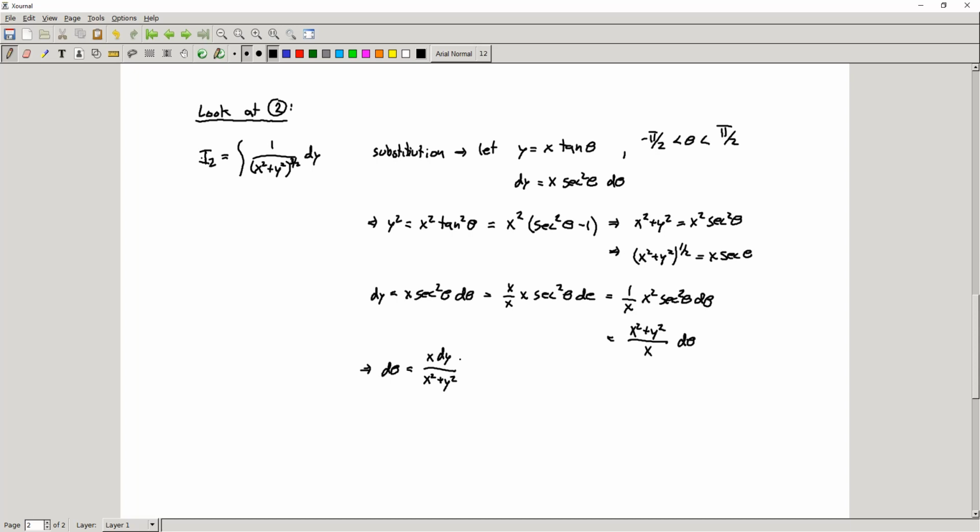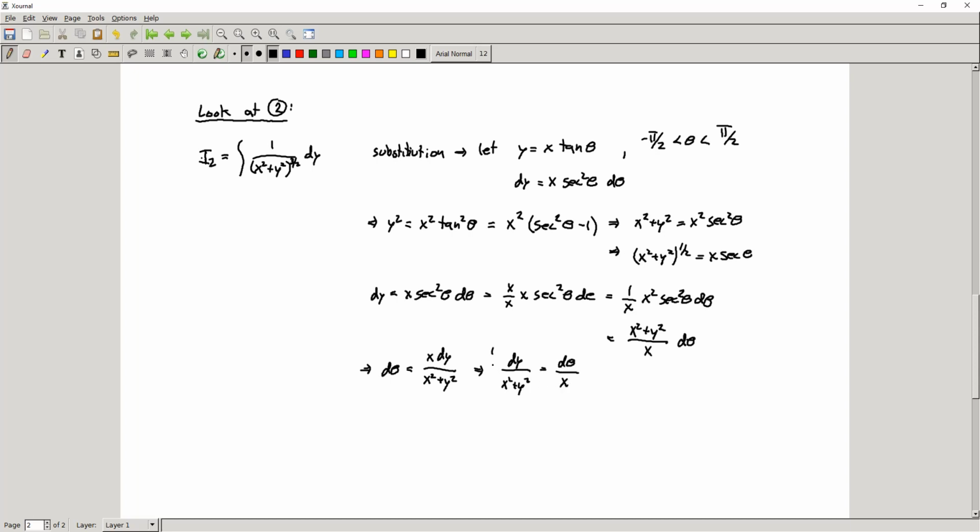Okay, and so one more step here, because what we really want is dy over x squared plus y squared, right? This is what we're trying to get toward over here. So this means that we can write dy over x squared plus y squared is equal to d theta over x.